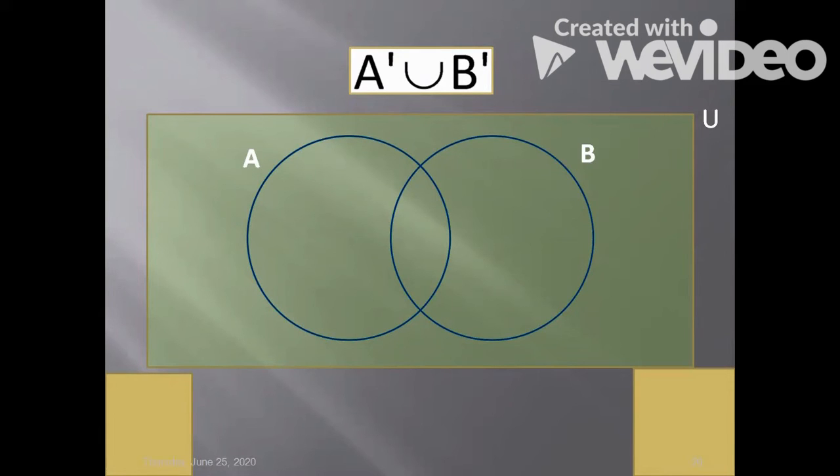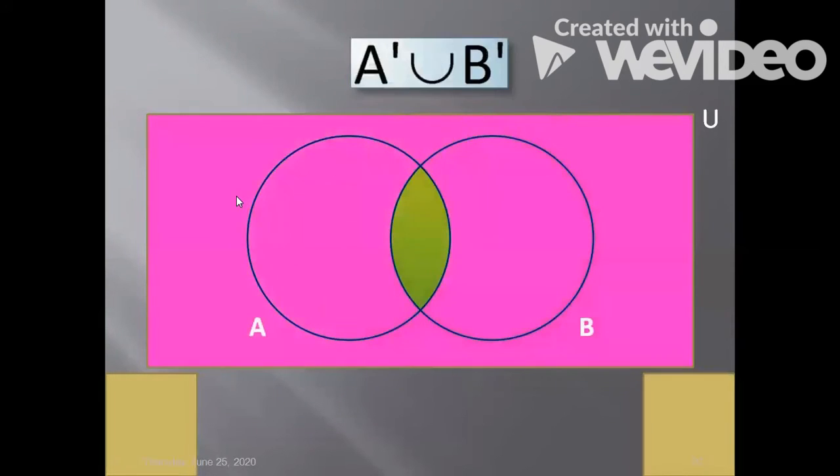A complement union B complement. What do you think that is? Let us see. All right. So it's everything except this little part here. All right. So A complement union B complement is everything except the intersection here.